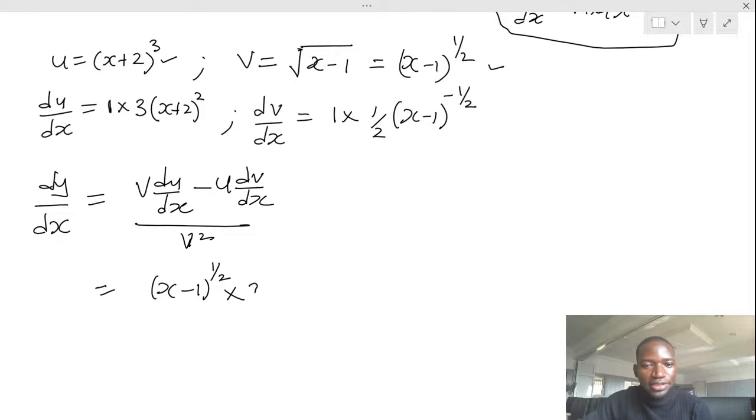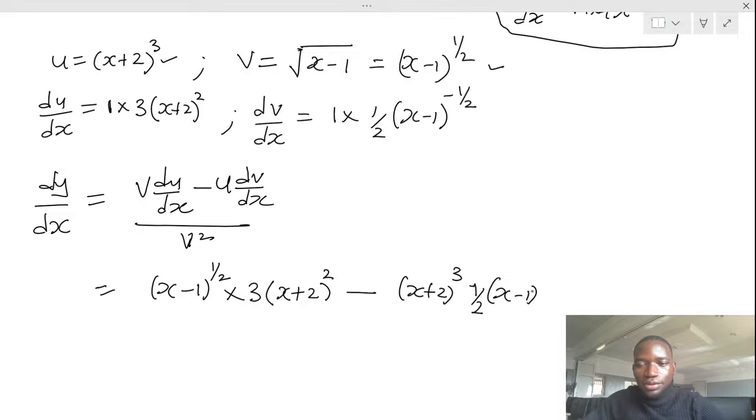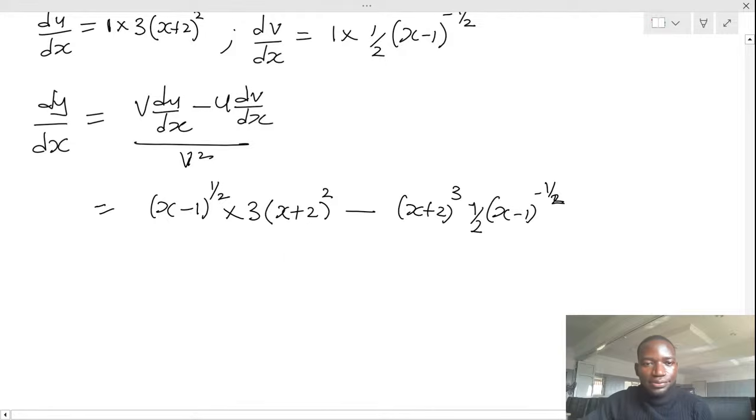Our du by dx is 3 into x plus 2 all raised to the power 2. Then minus, what's our u? Our u is x plus 2, everything raised to the power 3. Then our dv is half into x minus 1 all raised to the power minus half. Then everything divided by v squared.